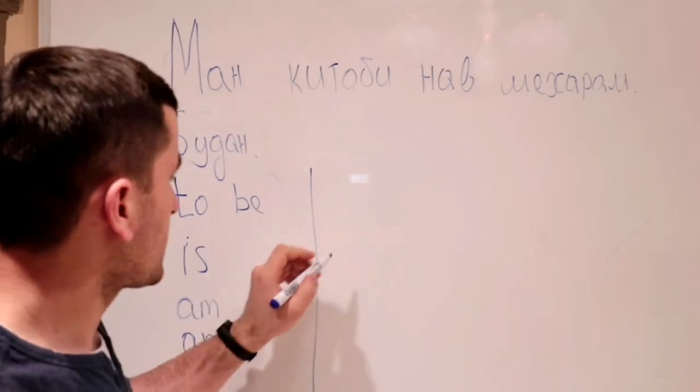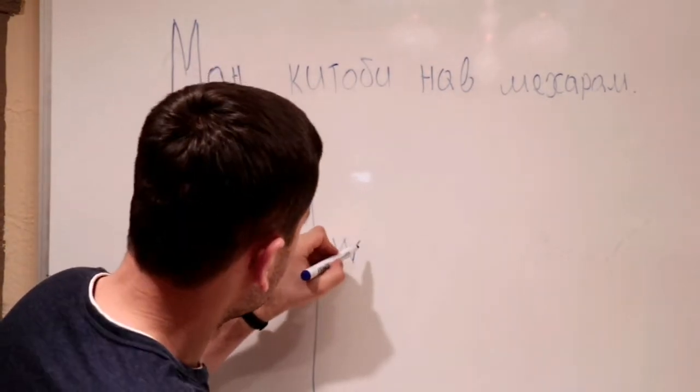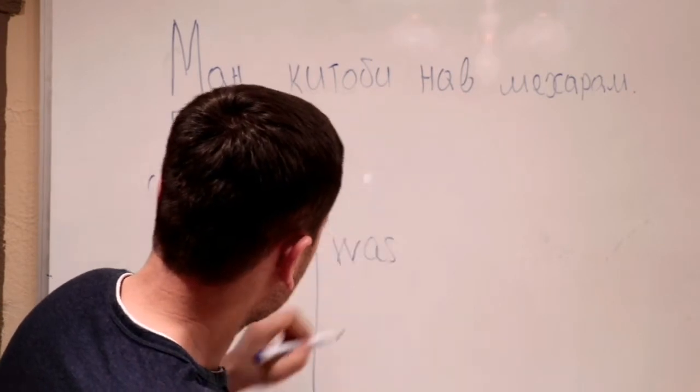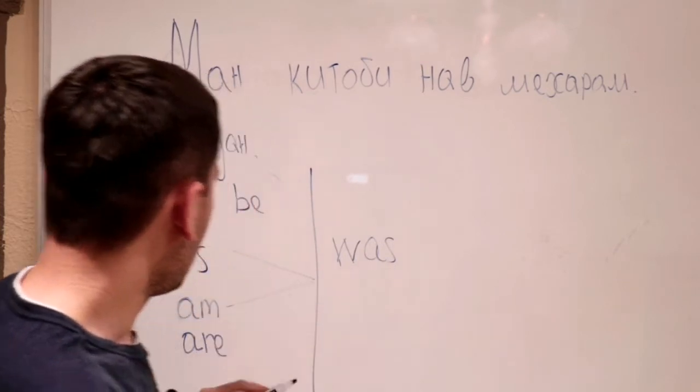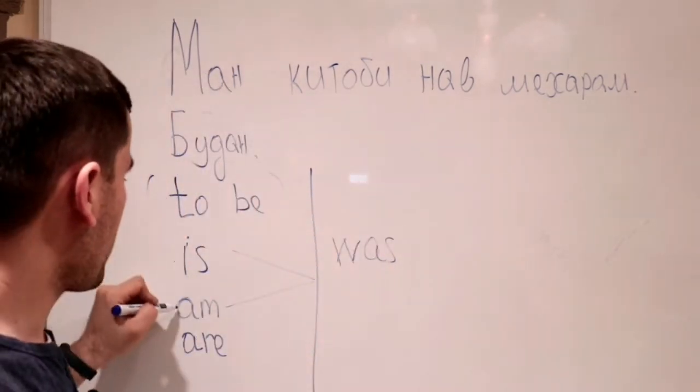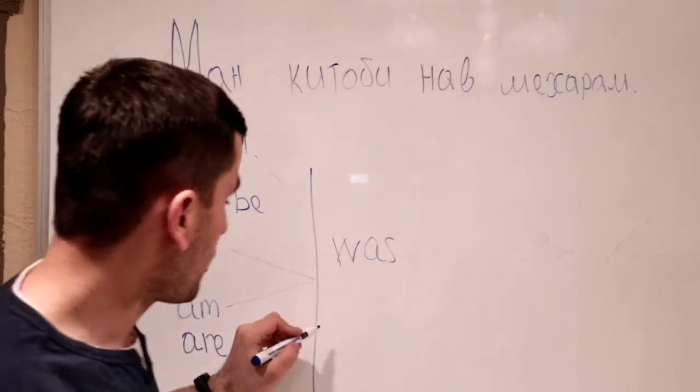For example, is we will translate as was. Am, also it's the same thing. In past tense, both words will be the same, and are will be were.